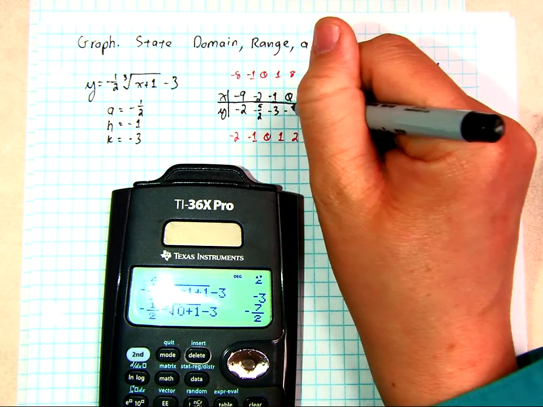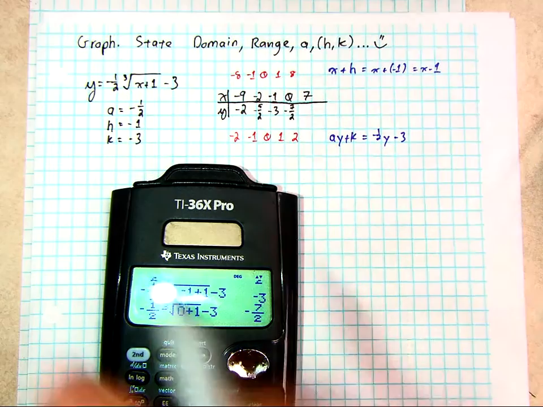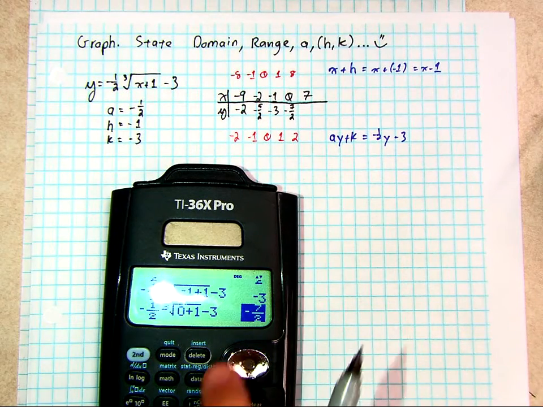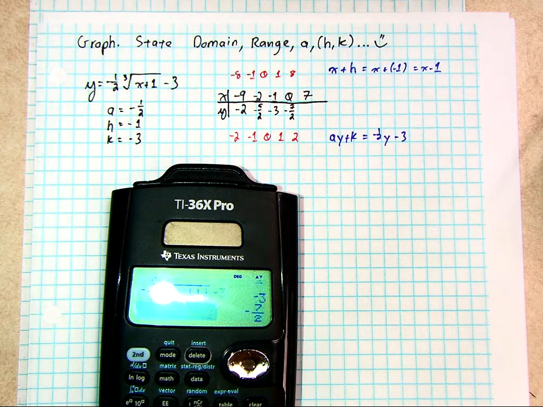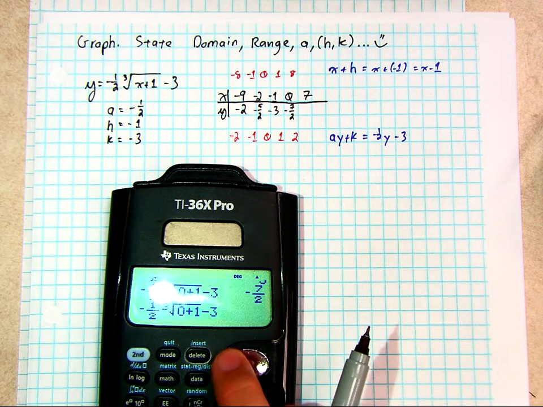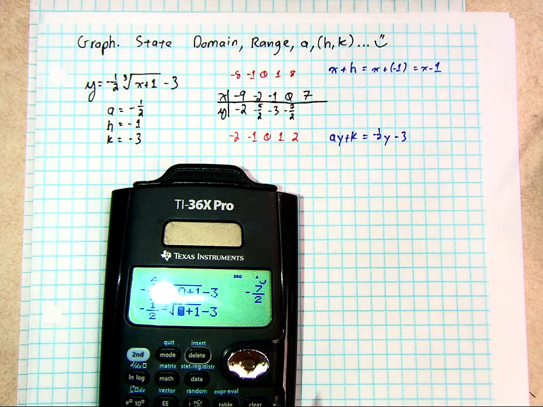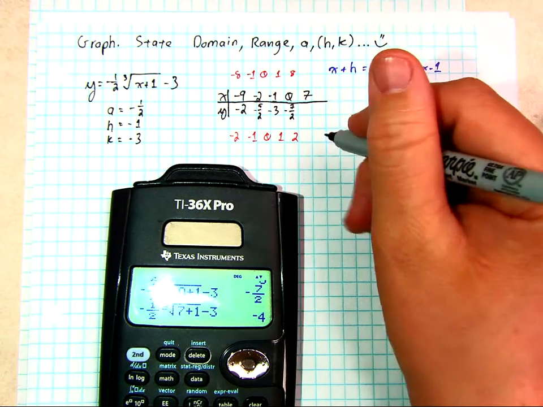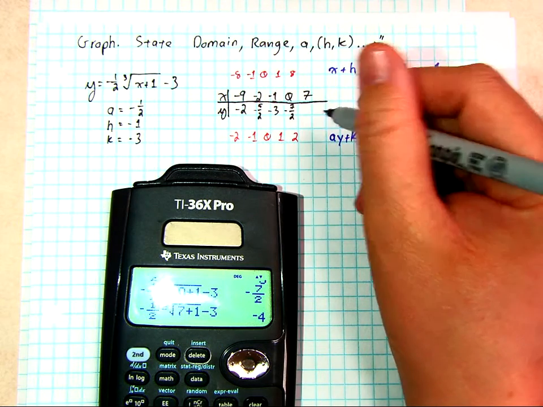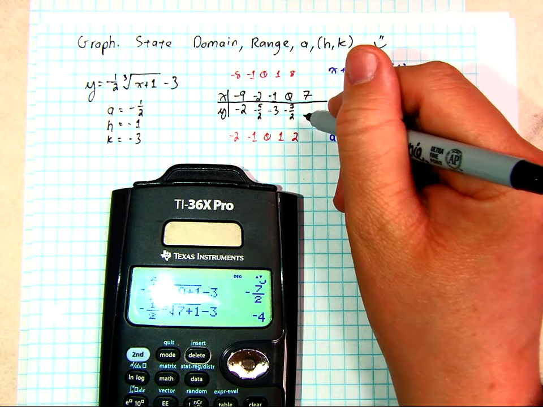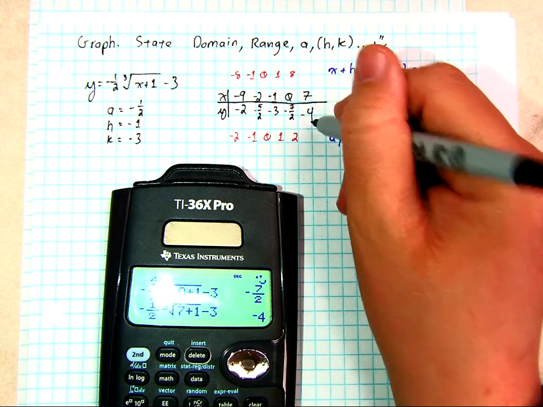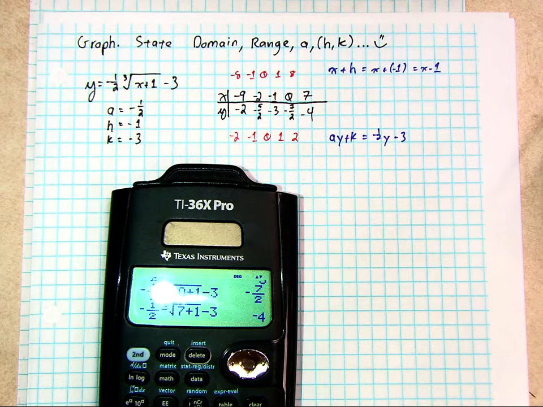That's negative 7/2. And then at long last, we'll plug in 7. That gives me negative 4. So I can take this away.